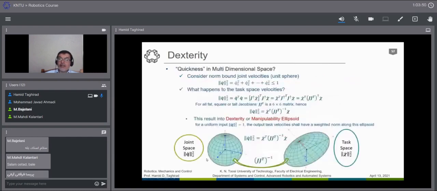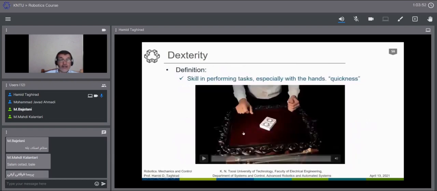My point is not the trick here. My point is the velocity of the end effector. We would like to have the velocity of the end effector. And this is one of the main real differences between humans and other biological animals or creatures in the world. Very quick with the hand.